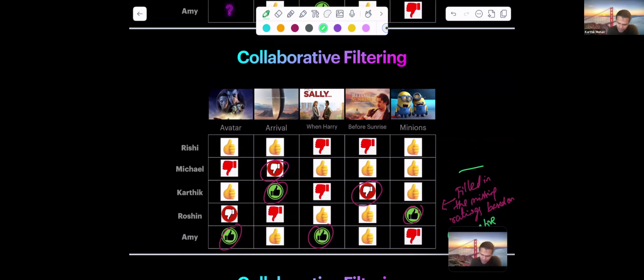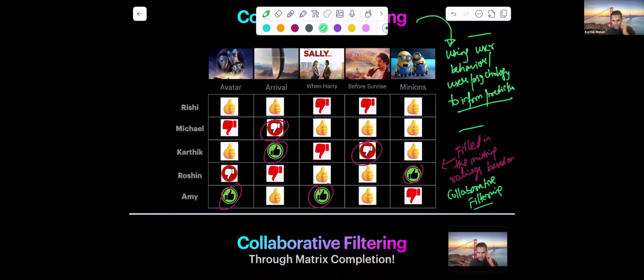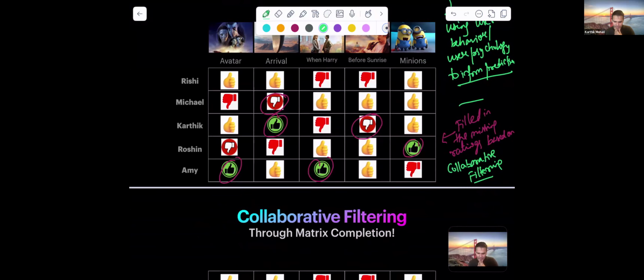So essentially, collaborative filtering is using user behavior, you can also say user psychology, to inform predictions. Okay.